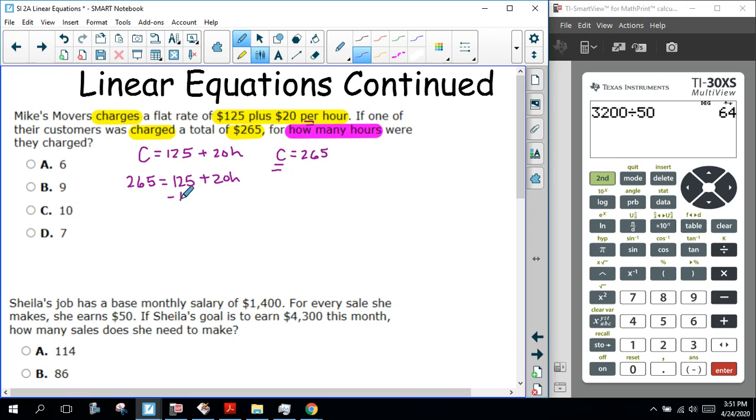We subtract the 125 on each side, and when we do that, we get 140 is equal to 20H. Dividing by 20, your answer for the number of hours in this situation is going to be 7. So 7 hours.